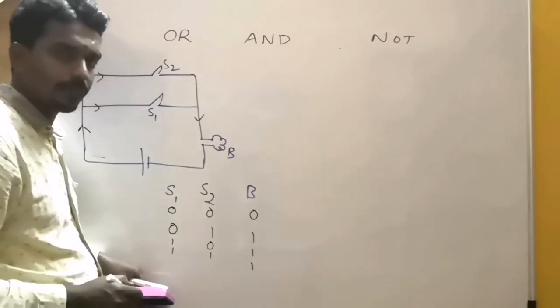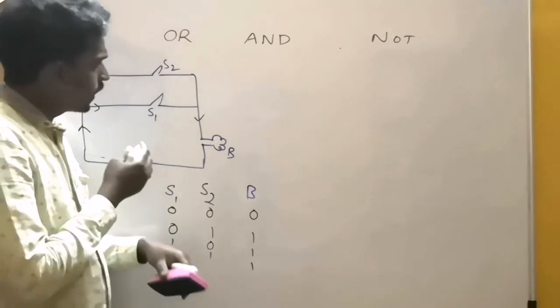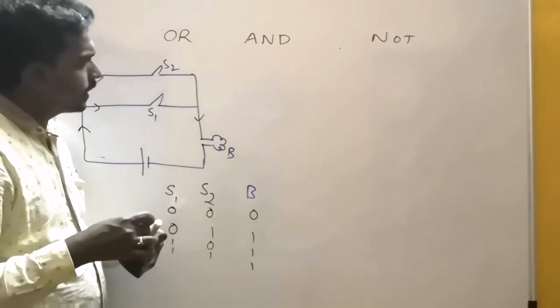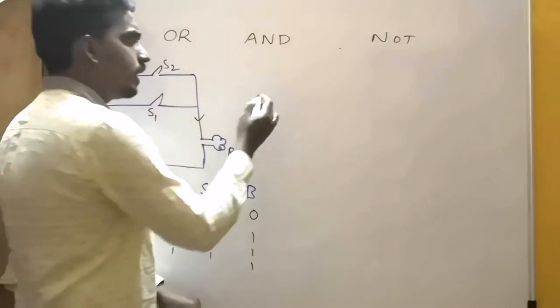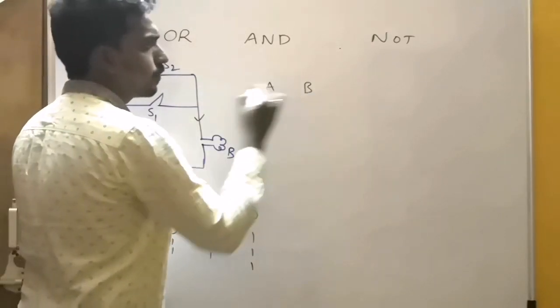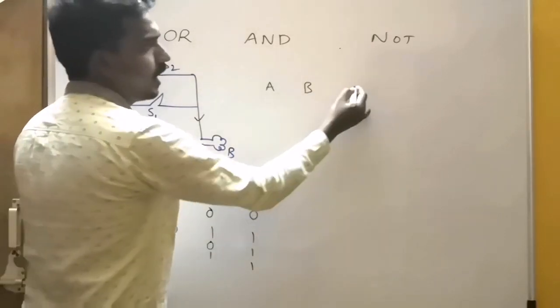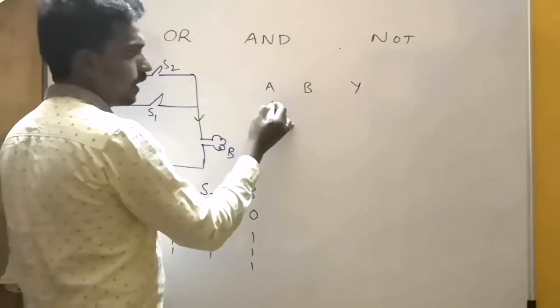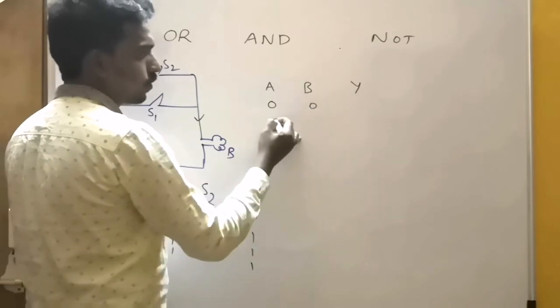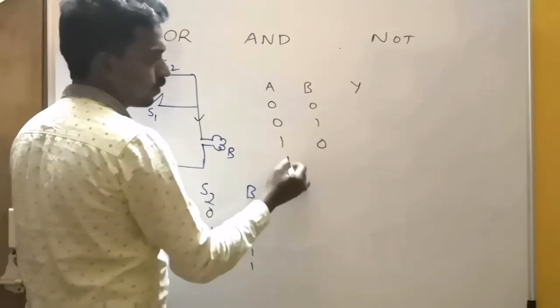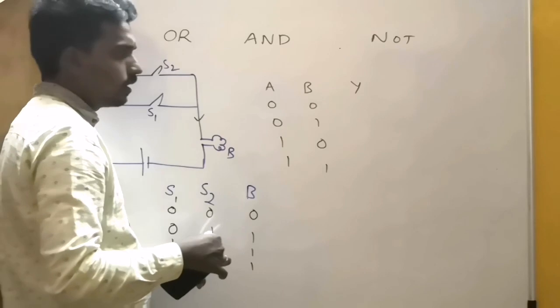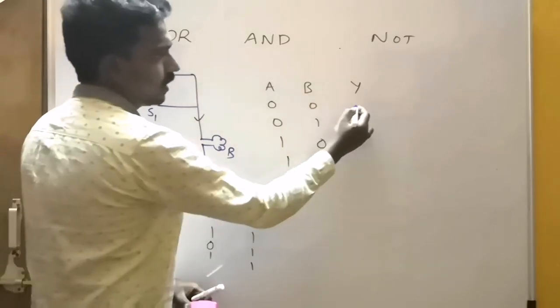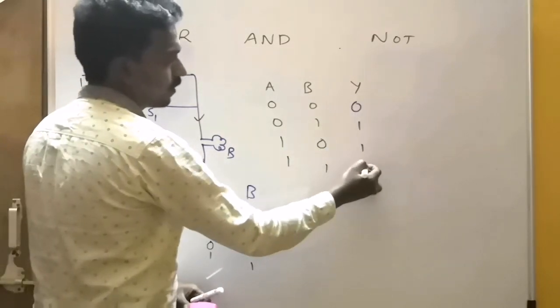So output should come. So the OR gate is something like this: where there are two inputs, if you consider A, B, and the output is Y, then for A, B as 0 0, 0 1, 1 0, 1 1, the output is 0 1 1 1.